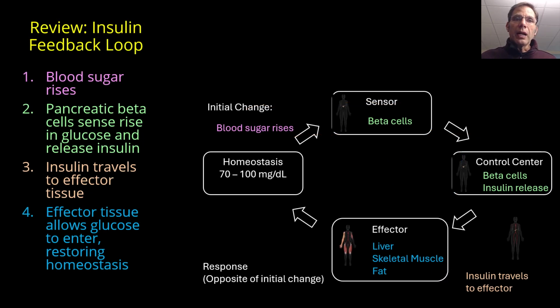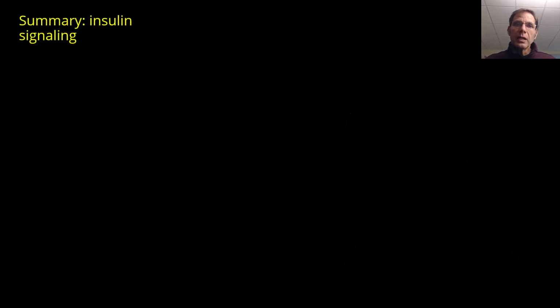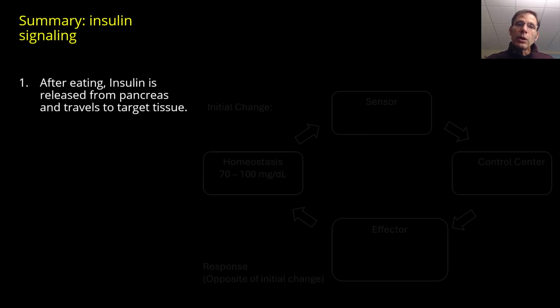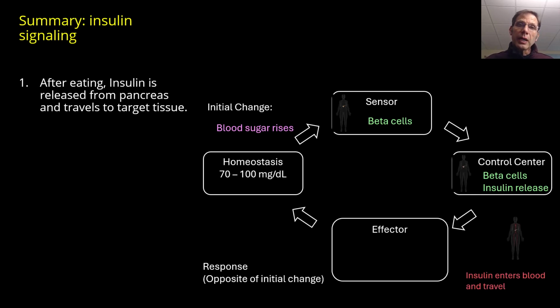So back at our big scheme, restoration of homeostasis, this is what we're after. All right, quick summary. After we eat, blood glucose rises. That increase is sensed in the pancreatic beta cells, causing them to release insulin. Insulin travels to the target tissue, which includes skeletal muscle, fat, and the liver.